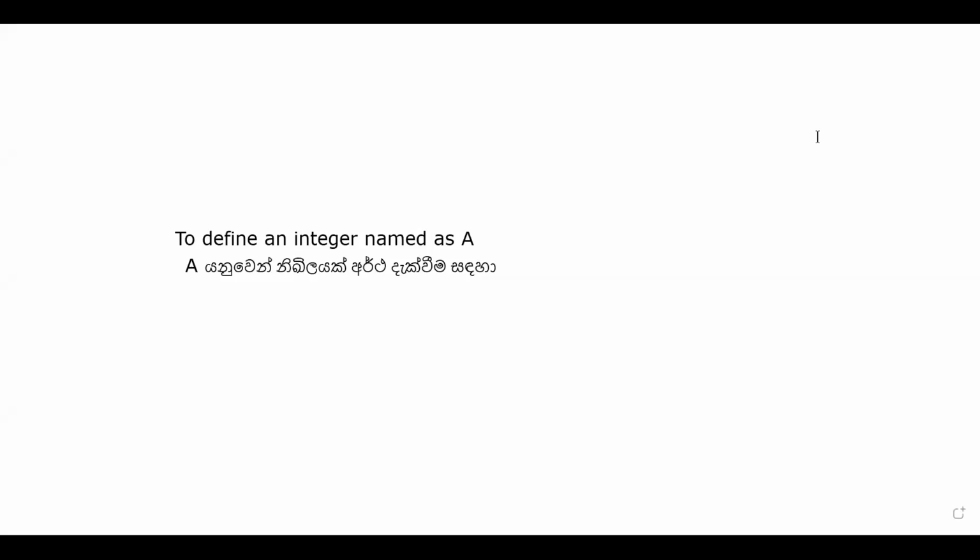So let's define an integer named as a. Can you tell me how I should define it? I gave you the outline. Can you tell me how you are going to define it?